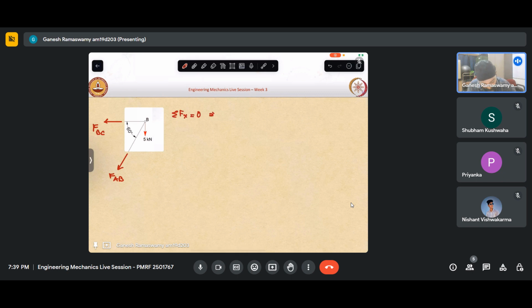Sigma Fx gives me minus FBC minus FAB cos 60 equaling 0.